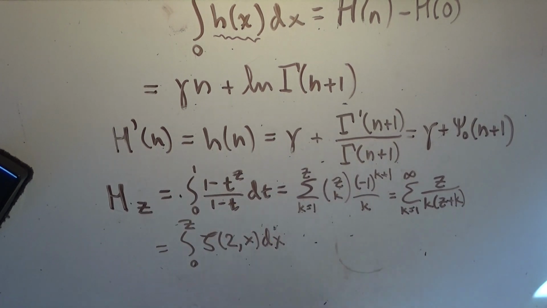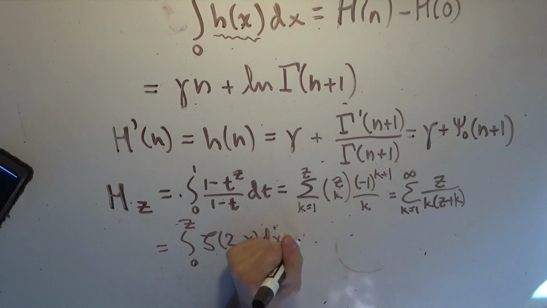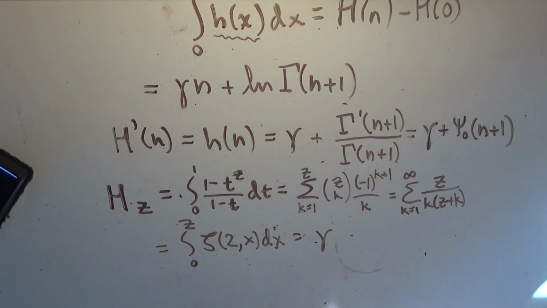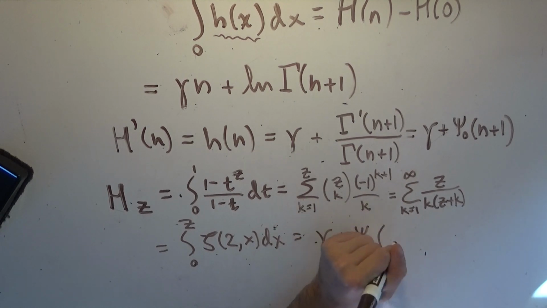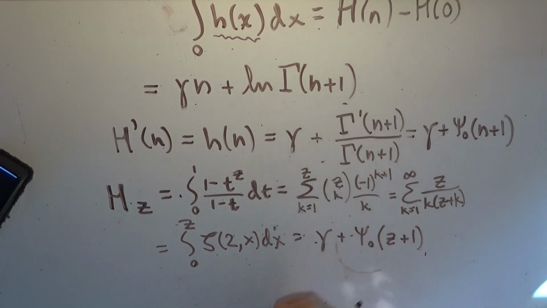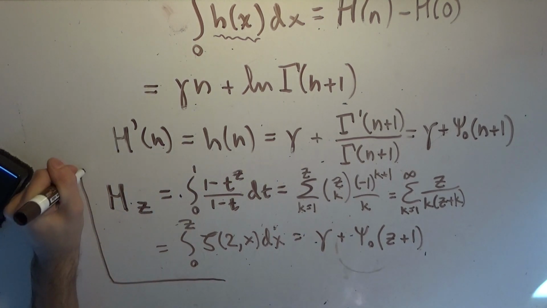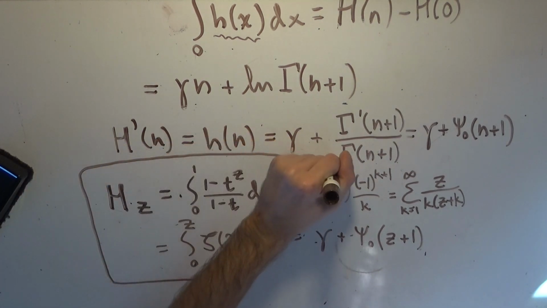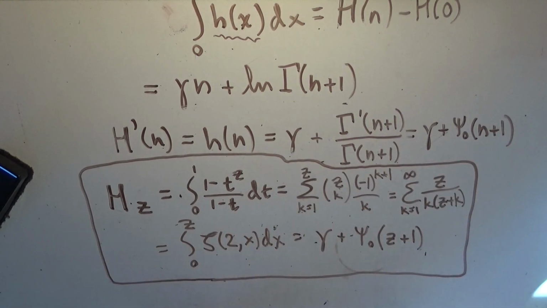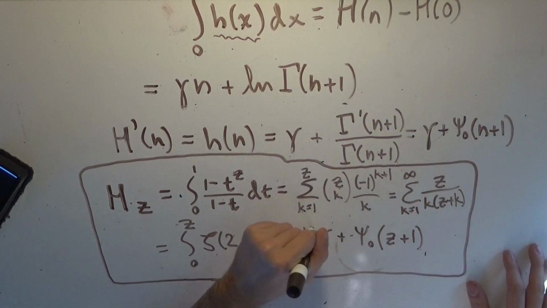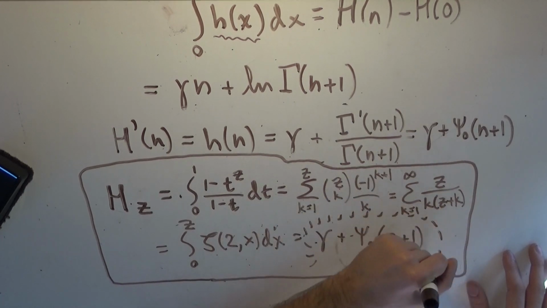We now know the final definition: this is equal to the Euler-Mascheroni constant plus the digamma function evaluated at z plus 1, where z is the complex number that we're trying to find. And we have finally found a perfectly well-defined analytic continuation of the harmonic numbers.